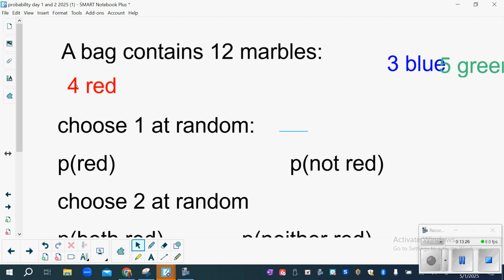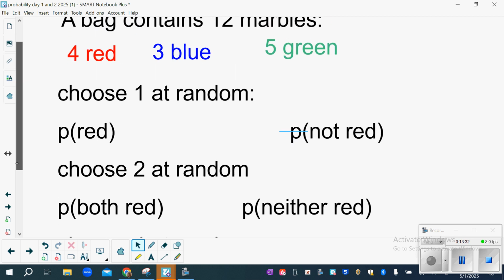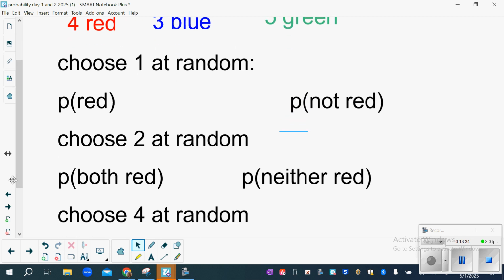I got red, I got blue, I got green. But look at this. Here's what I need you to see. If I don't say the word replace, we don't assume we're replacing, right? So most of the time, it's without replacement, because I would say with replacement.